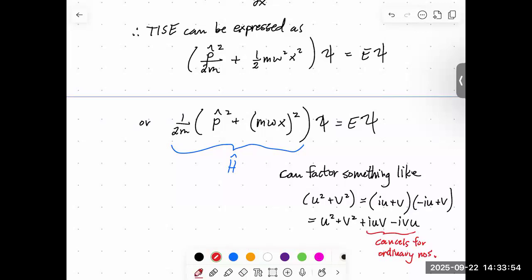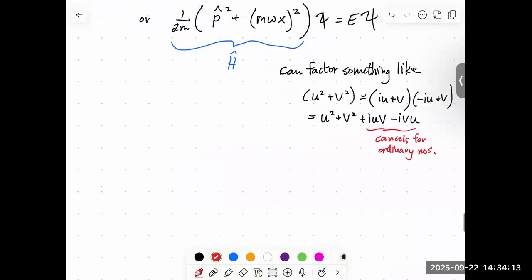This thing is going to be like a derivative with respect to x. And it's not obvious that it's going to cancel, because a derivative with respect to x times a function of x is different than a function of x times a derivative with respect to x. So let's just keep that in the back of our minds as we work through this.